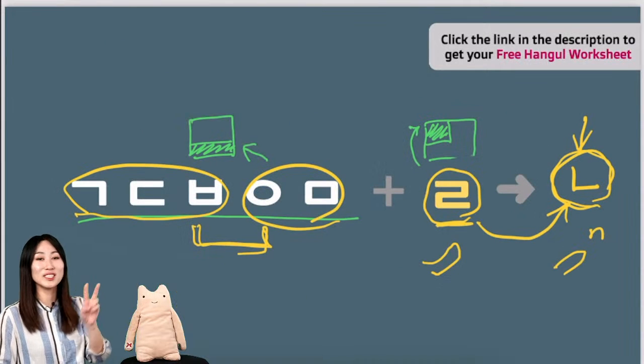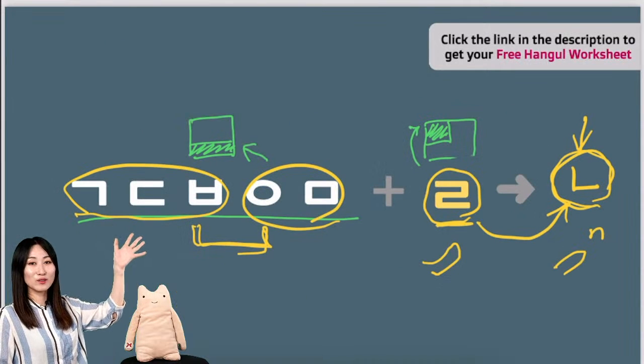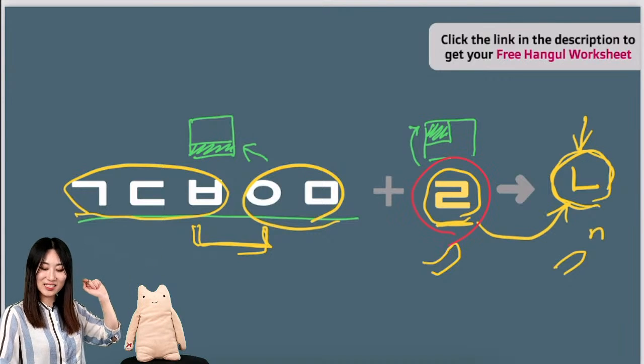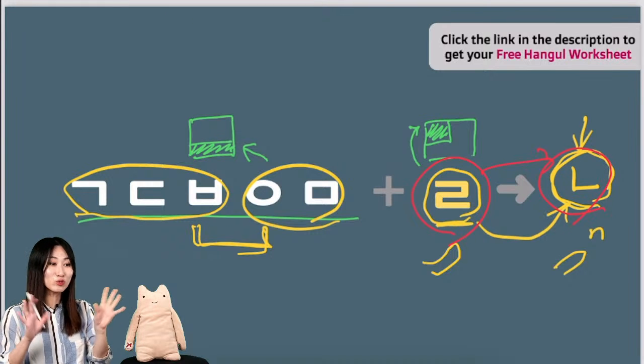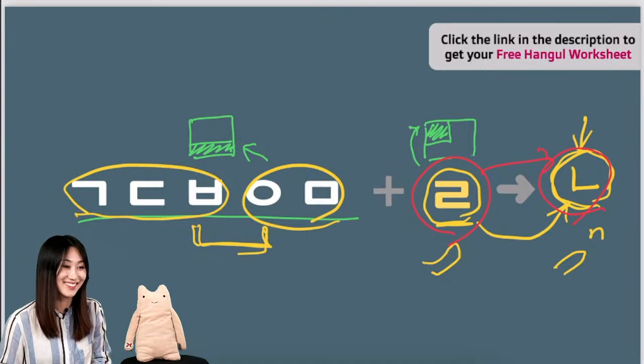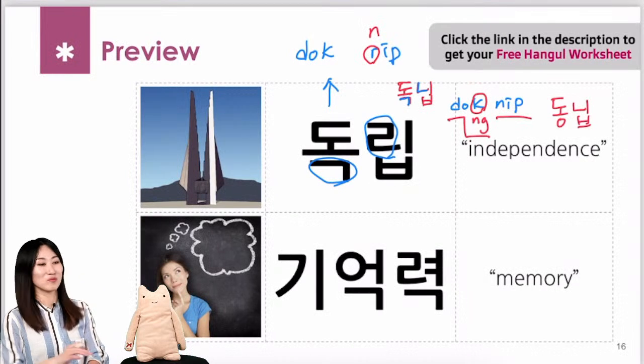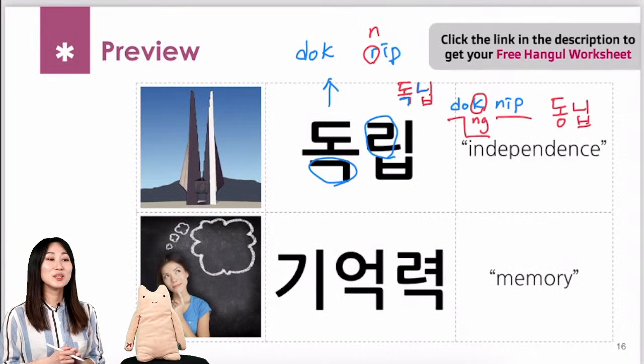Rule number 2: if one of these sounds meets ㄹ like this, then this ㄹ changes to 니은, right? So these 2 rules can be combined. Whoa! 짠! Okay, moving back. Independence Day in Korean is 광복절, or 독립기념일.